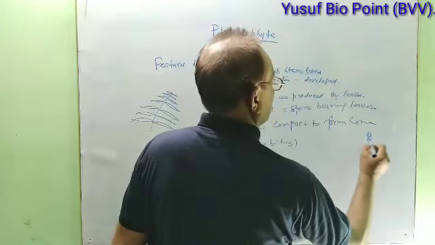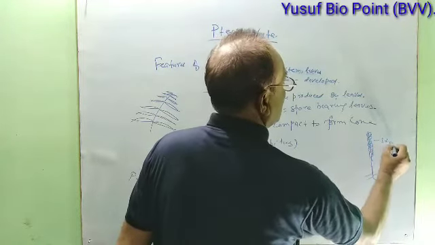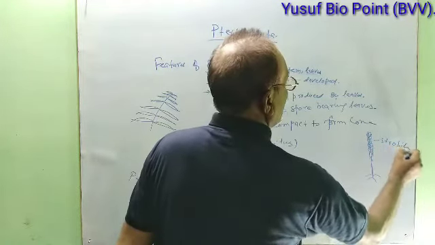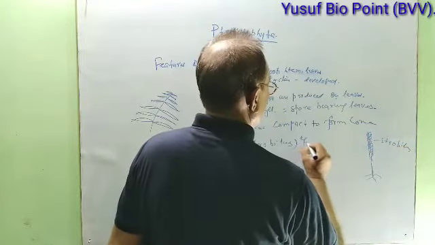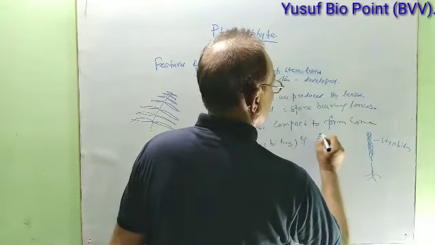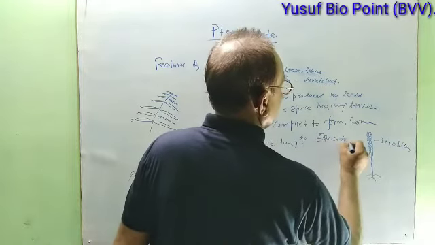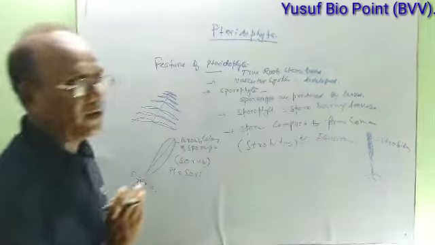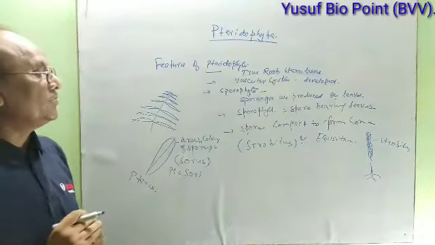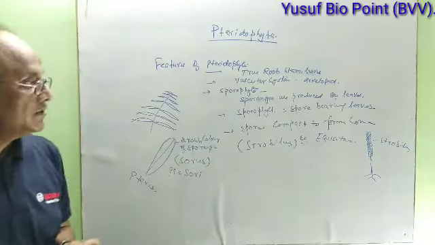This is called strobilus. Example: Equisetum, Lycopodium, Selaginella, like that. There are so many which are found.